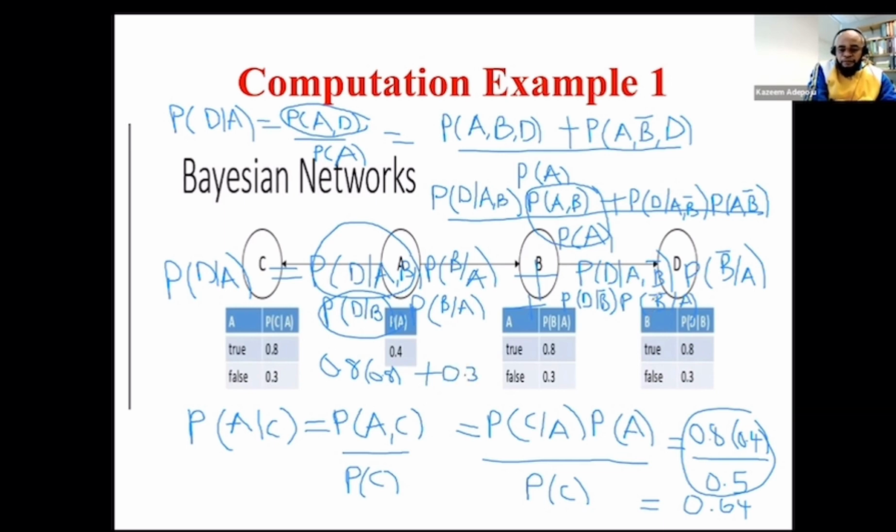Then the probability of B complement given A is, of course, 1 minus 0.8, which is going to be 0.2. So when you solve this, the probability of D given A is eventually going to be 0.7.